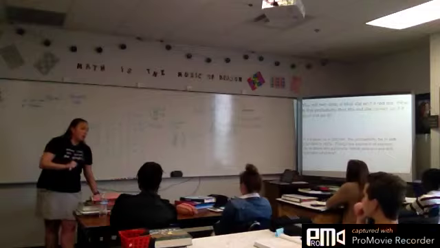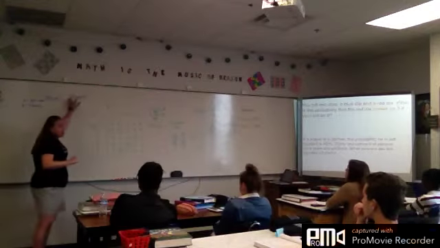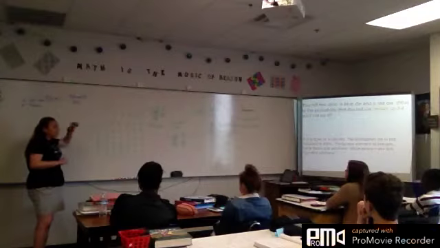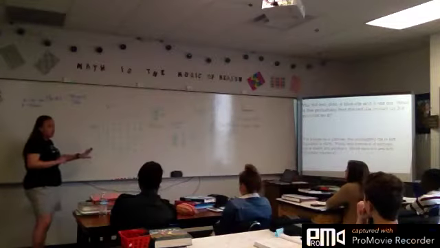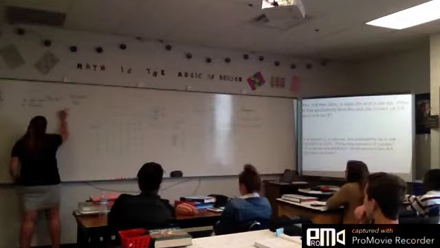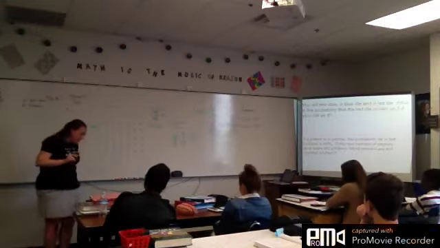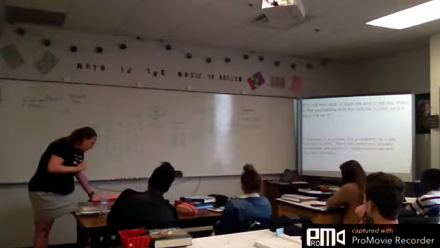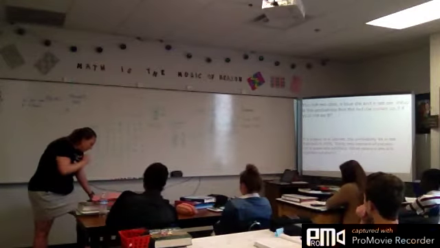So 0.4. That is A and B together. Do you see how I'm not really doing any math in any of these? I'm literally reading the problem and plugging stuff in. So this is represented by 0.4.